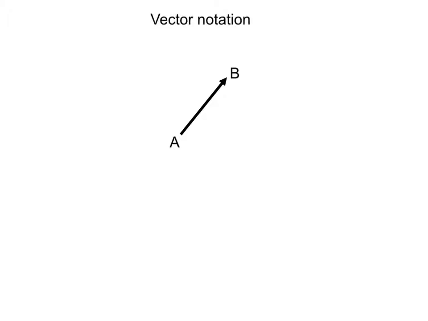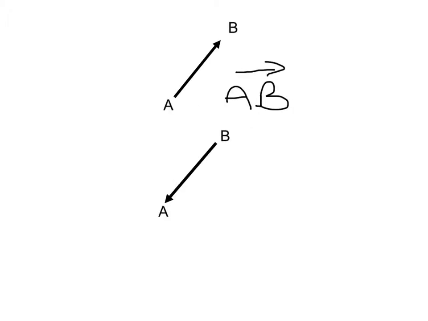So in this case, the vector A to B. And we'll write this A, B, and an arrow on the top of it showing that is the direction from A to B. And so if we reverse the direction of the vector and we're travelling from B to A, we would just write the vector of B, A, and the arrow travelling that way.